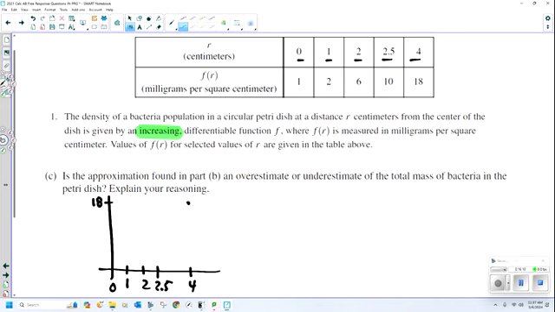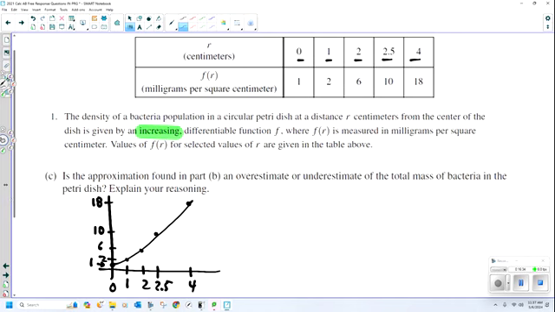At 2.5, it's 10. At 2, it's 6. At 1, it's 2. And then at 0, it's 1 right there. So this graph is going to be constantly increasing, and go up.